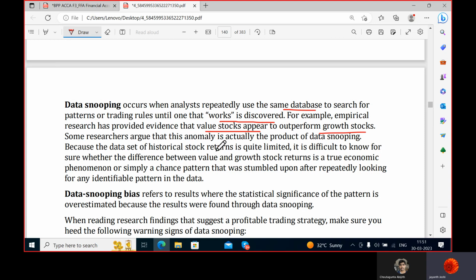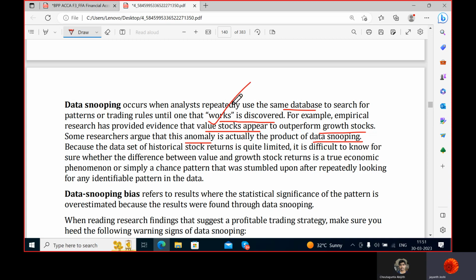That value stocks appear to outperform growth stocks. Some researchers argue that this anomaly, a statement which creates confusion, is actually the product of data snooping. Why? Because they are repeatedly using the same database to search for patterns or trading rules until one that works is discovered. That means something should work out for them, and they keep stressing that value stocks always outperform growth stocks based upon the database they have.